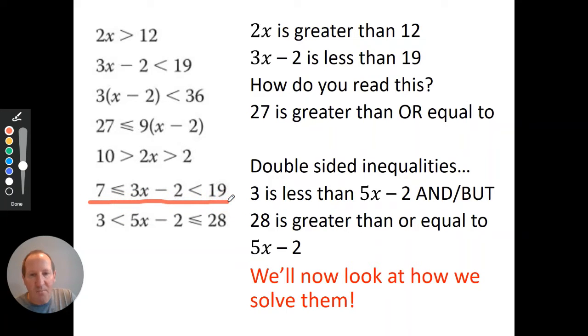Here we got them sandwiched, so 7 is less than or equal to, and that's what that extra line means there. Less than or equal to. 7 is less than or equal to 3x minus 2. But 3x minus 2 is less than 19. But again, you could read that the other way around and say that 19 is greater than 3x minus 2. We'll look at how we solve all of these later on.